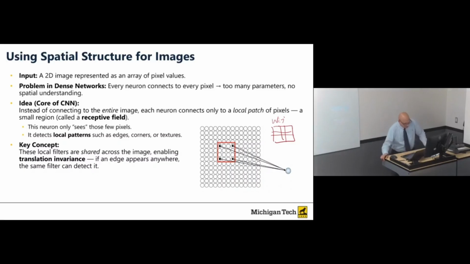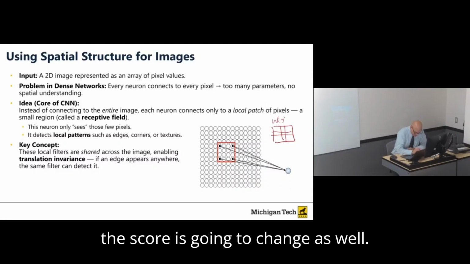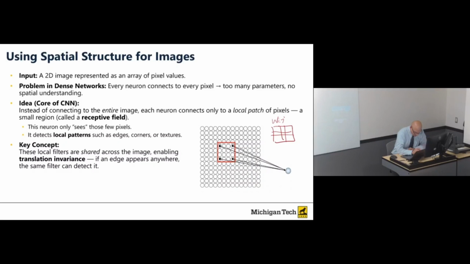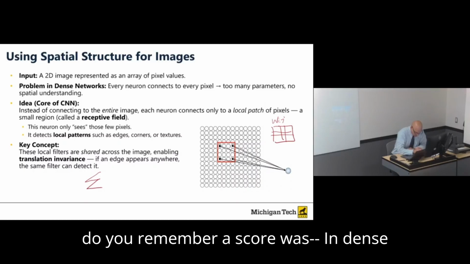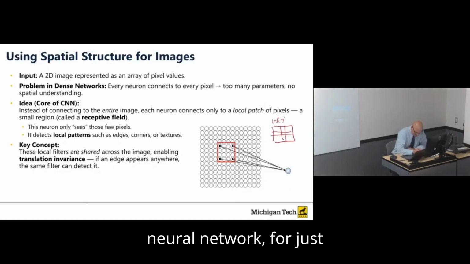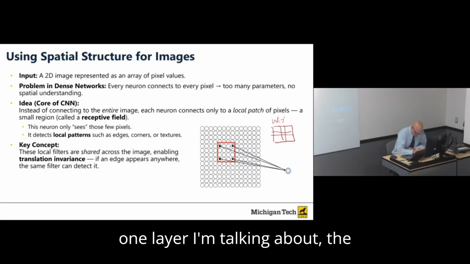And that's going to be very beneficial. And the score is going to change as well. Do you remember the score in a dense neural network, for just one layer I'm talking about?